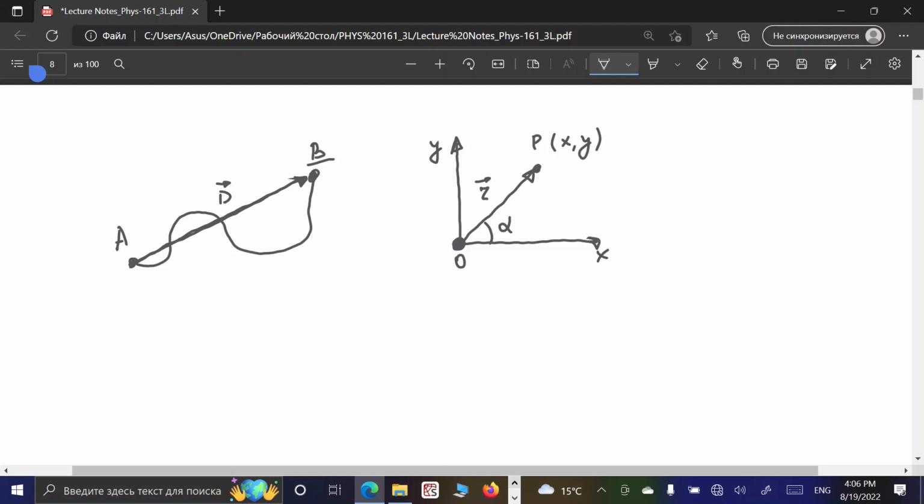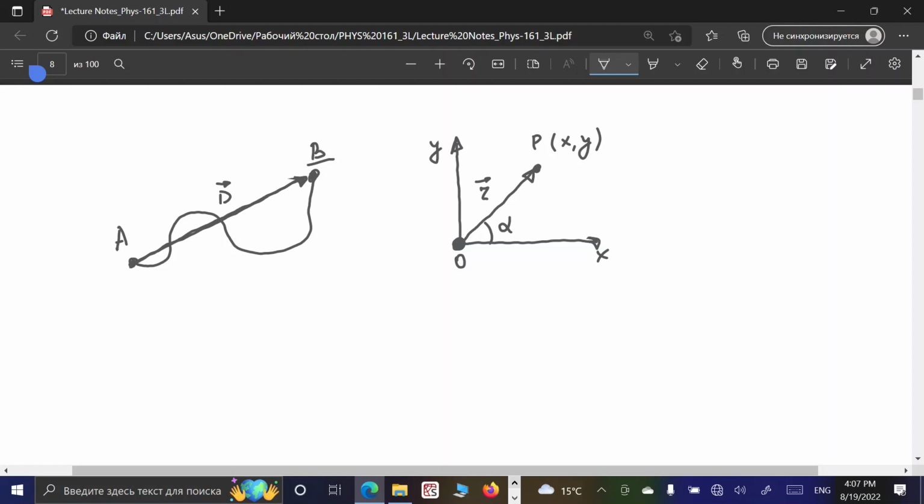A position vector, as a vector, automatically brings us 2 quantities, magnitude and orientation. So if we consider the magnitude of this position vector and angle alpha, which defines the orientation of this position vector, we get 2 quantities which can describe the position of any point in this polar system of coordinates.